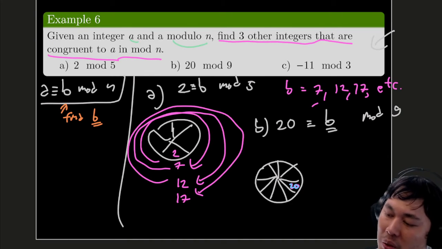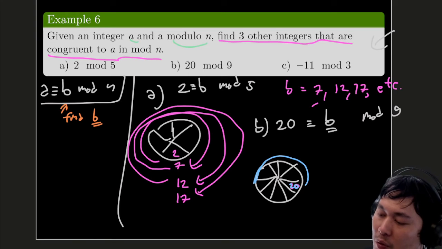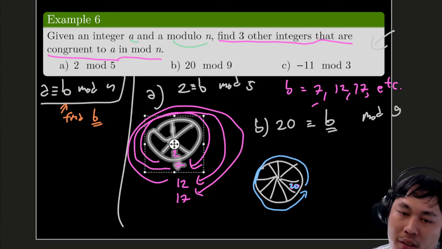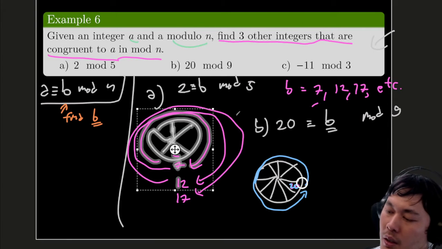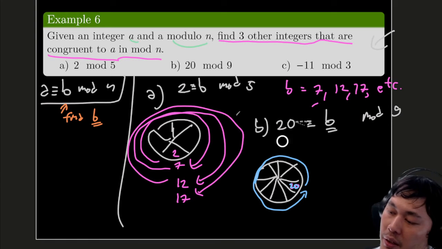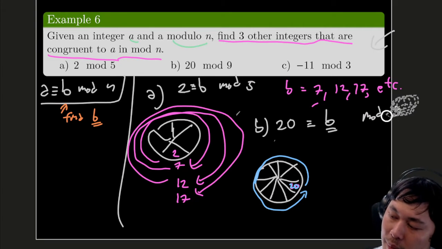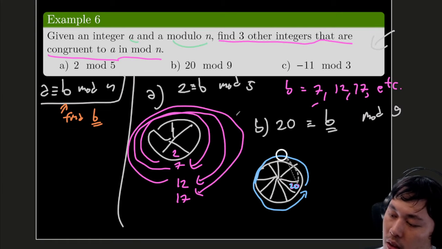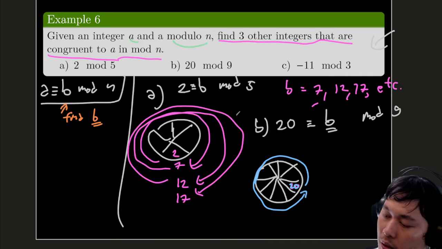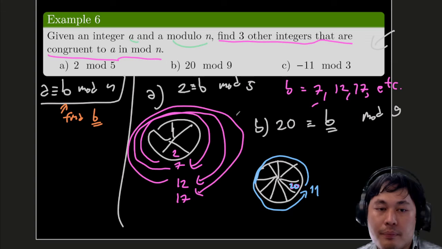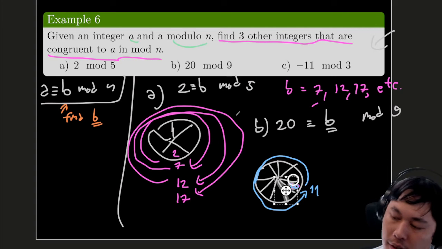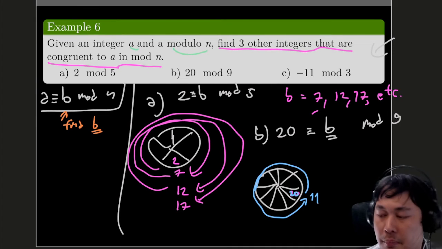Let's say this time we go backward, not forward. If you move clockwise, you get the next numbers 7, 12, 17, and so on. You can move counterclockwise and subtract the number of sections around the clock. You are at 20, you move around the clock 1 full round, so 9 steps back. That should give you 11. If you move 9 steps counterclockwise, you will get back to the same place.